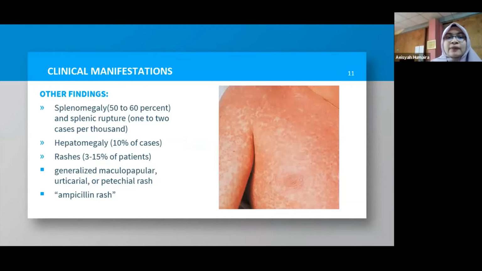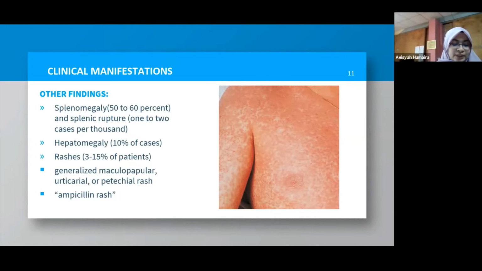Other findings are splenomegaly and also splenic rupture. Splenic rupture is a rare but life-threatening condition. Others are hepatomegaly and rashes. A generalized maculopapular, urticarial, or petechial rash is occasionally seen. The picture shows the ampicillin rash.